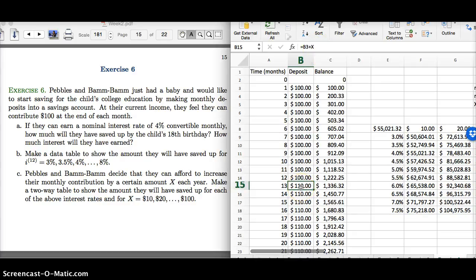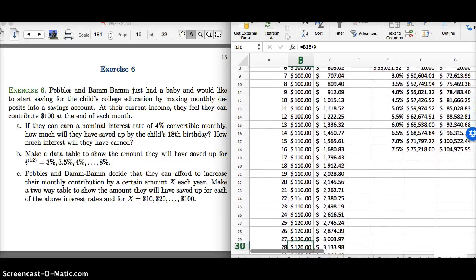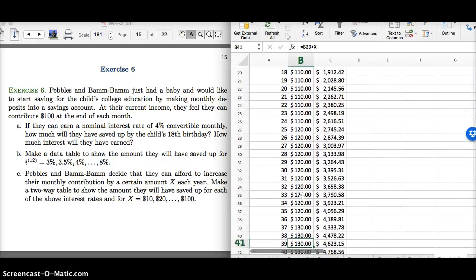If you use that formula, B3 plus X for B13, and copy that down, it will always go back a year. For the next year it'll be 110, and for the year after that it'll be 120, etc. That's what we want.